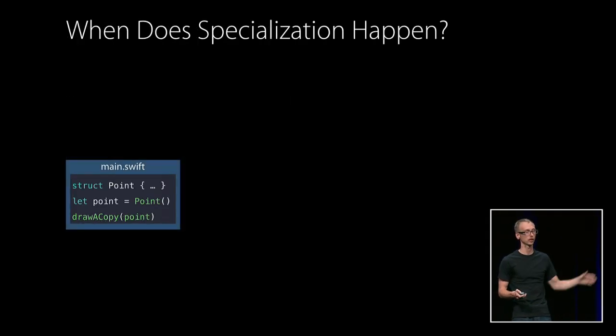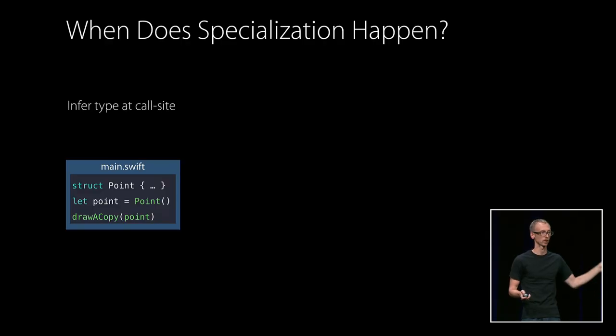Well, let's take a look at a very small example. So we define a point, and then create a local variable of that type point, initialize it to a point, and then pass that point as an argument to the drawCopy function. Now, in order to specialize this code, Swift needs to be able to infer the type at this call site.